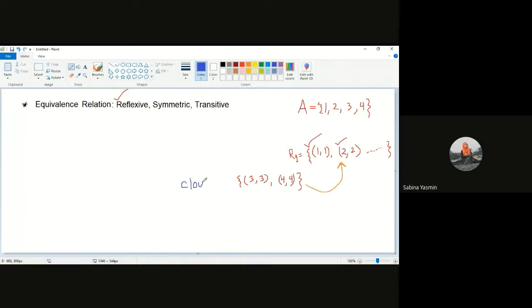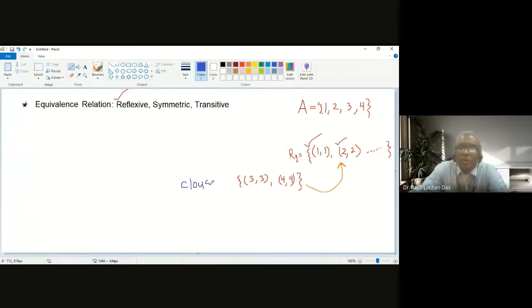Yes, sir. So it is called closure, C-L-O-S-U-R-E. Okay, that is called closure. So if it is about reflexive property, then it will be called reflexive closure.